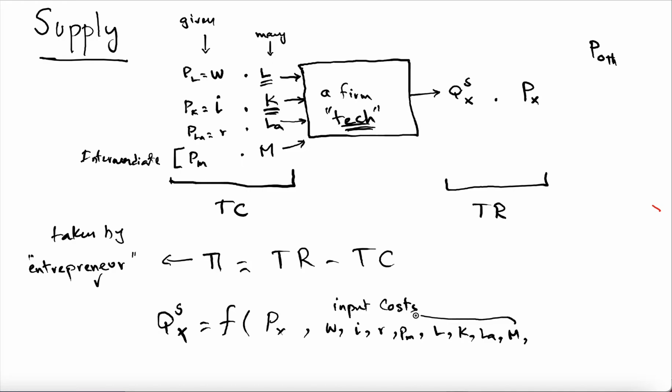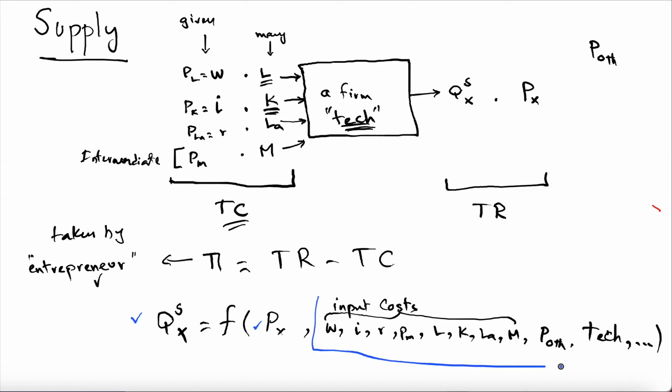So all these are related to the cost of production, total cost, and then the price of other commodities, and also the technology. So I use tech for technology, and of course there are several factors as well. So again, we only pick up two of them, price and this, and we assume that everything else is constant.